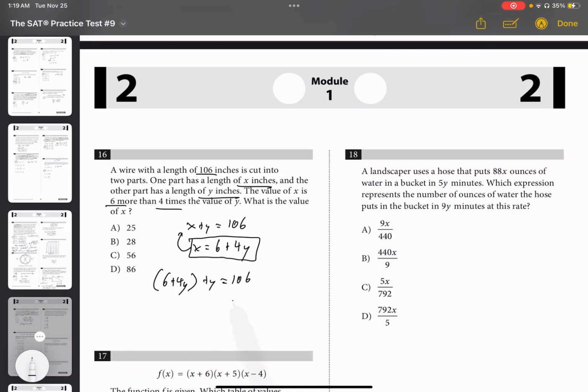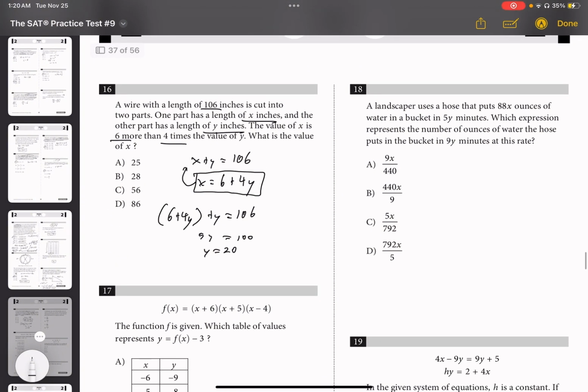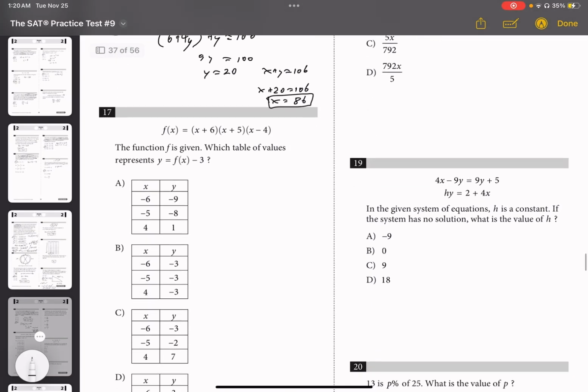So we're going to move 6 over this side, so we get 100 is equal to 5y, and y is equal to 20. Now that we have this y value, we can plug it into the first equation of x plus y is equal to 106. And this is going to give us x plus 20 is equal to 106. So x is equal to 86. Answer choice D.